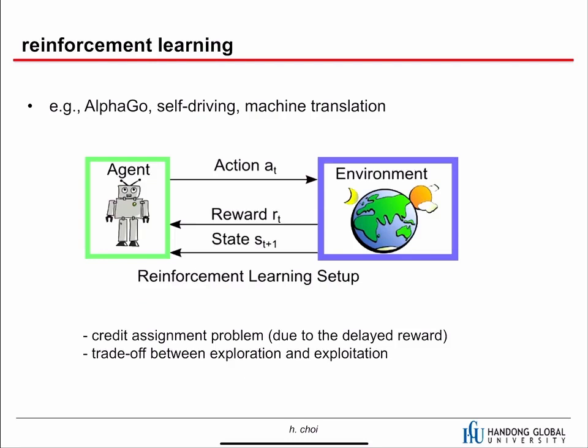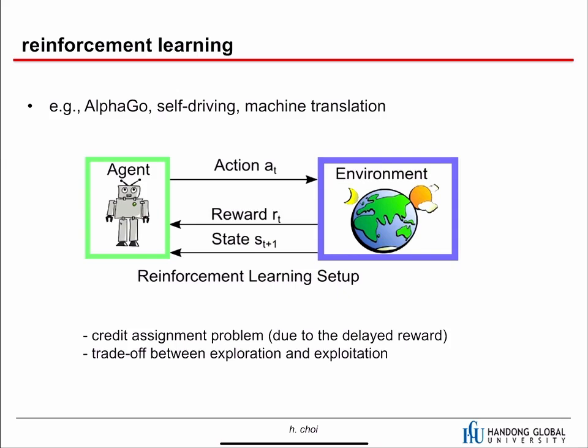And the last one is reinforcement learning. Okay, in AlphaGo, they used a reinforcement learning algorithm. Actually, at first AlphaGo was based on supervised learning, and they used reinforcement learning to train further. Okay, and then a self-driving car can be trained based on supervised learning or reinforcement learning.